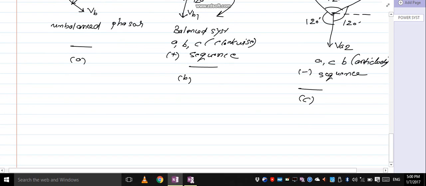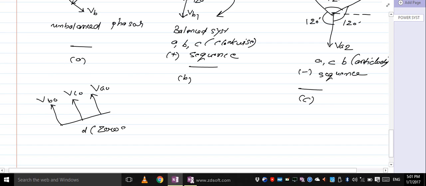Now what if we are drawing a zero sequence? In zero sequence you can see your VA0, VB0 and VC0. This is the zero sequence.